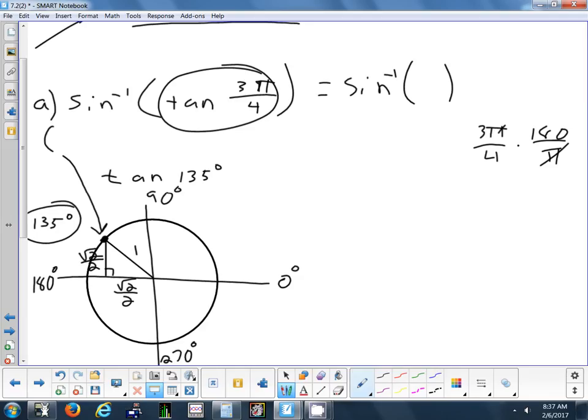So now let's write the coordinate. The x value is negative square root 2 over 2. And the y value is square root 2 over 2. Okay, so we know the coordinate. Now, what's the formula for tangent using x's and y's?